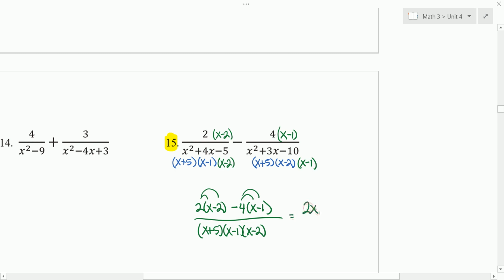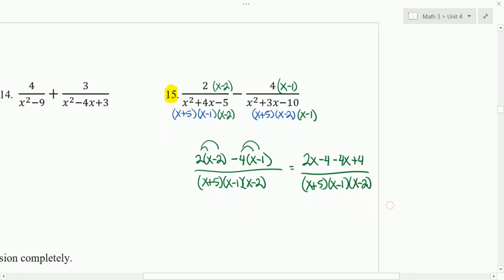Gives us 2x minus 4 minus 4x plus 4 over x plus 5 times x minus 1 times x minus 2. Minus 4 and plus 4 adds up to 0, and 2x minus 4x is negative 2x. Still over the same denominator, x plus 5, x minus 1, and x minus 2.